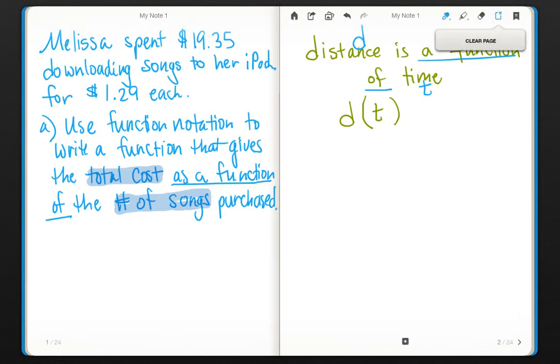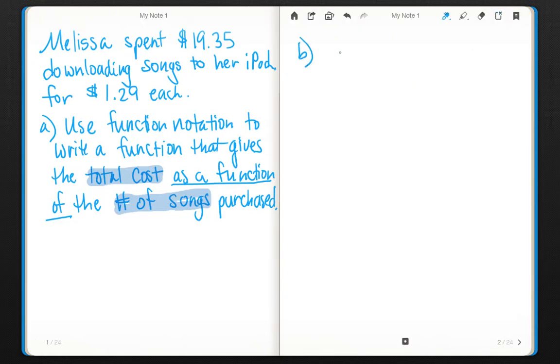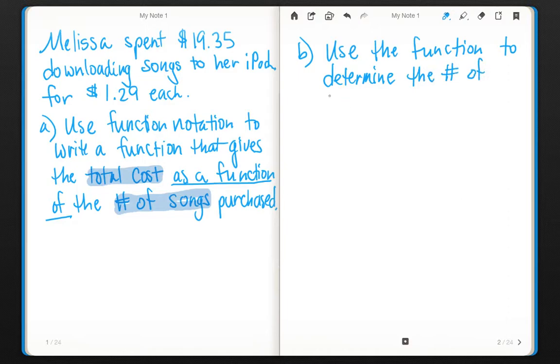And then the second part, it'll say to use the function that you just wrote. Use the function to determine the number of songs she downloaded.